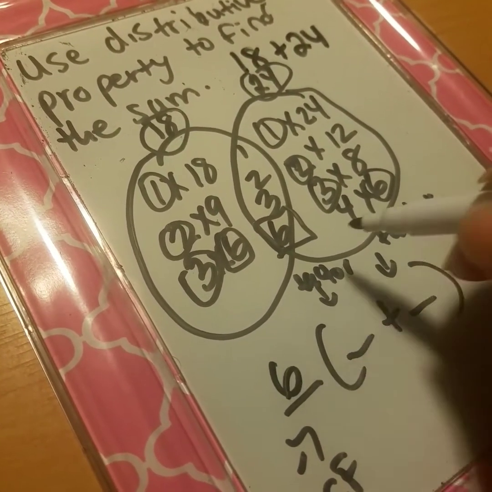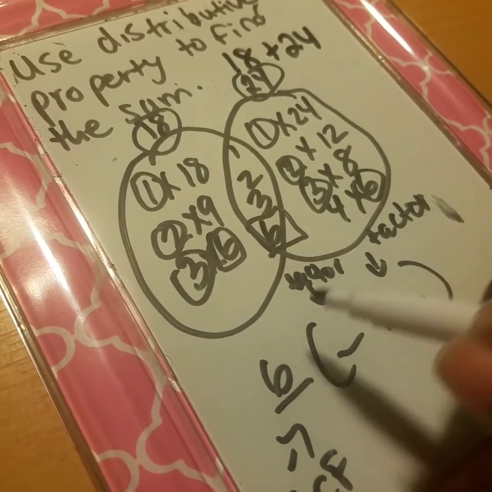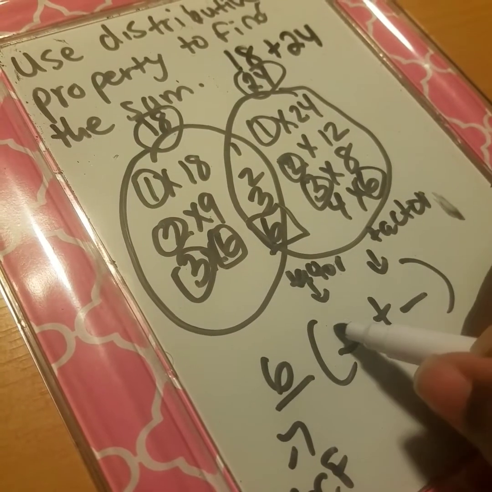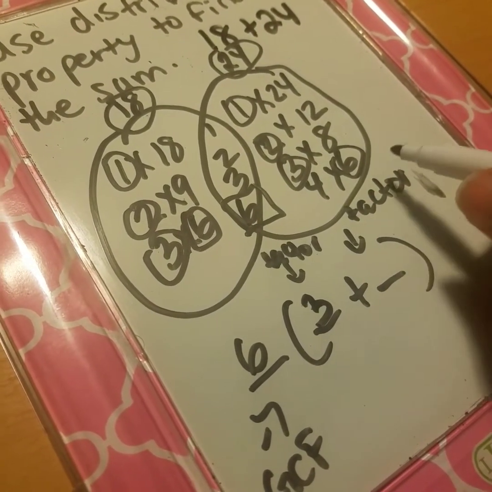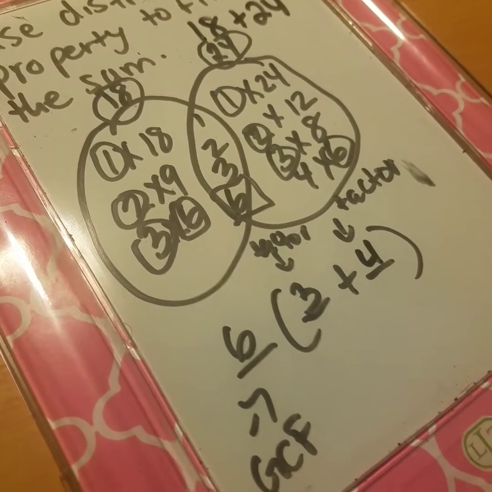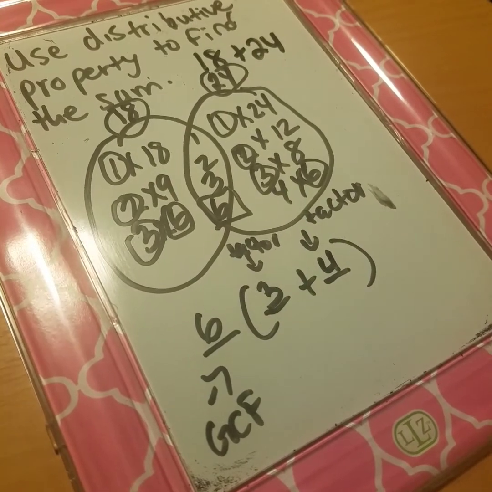We know the GCF is 6, the greatest factor they have in common. 3 times 6 gives us 18, and 4 times 6 gives us 24. That's one way to come up with the answer.